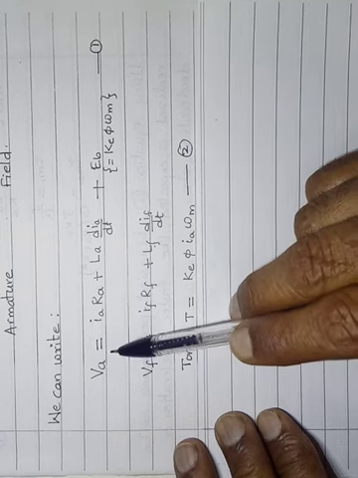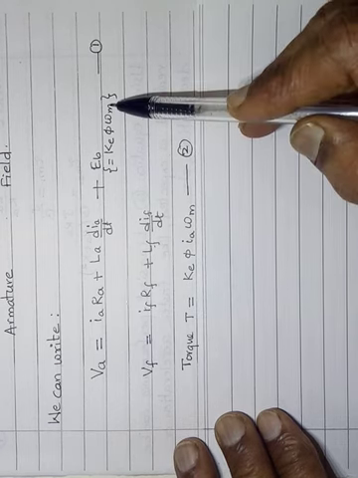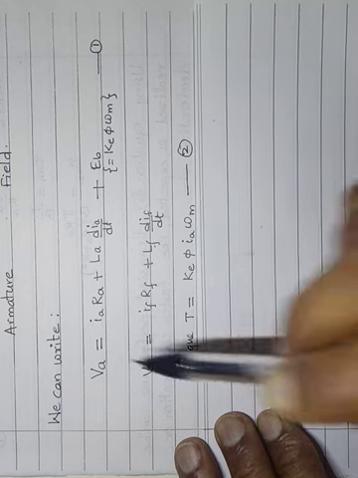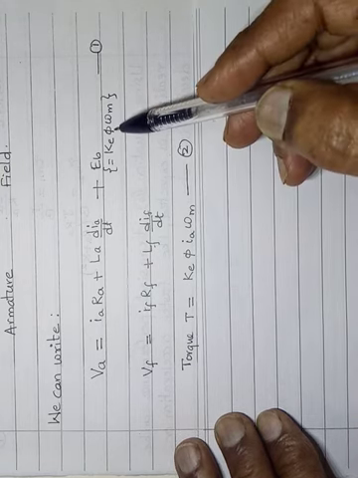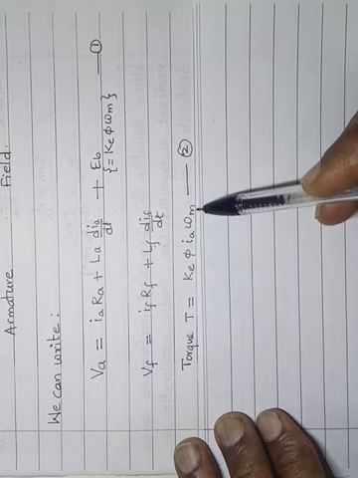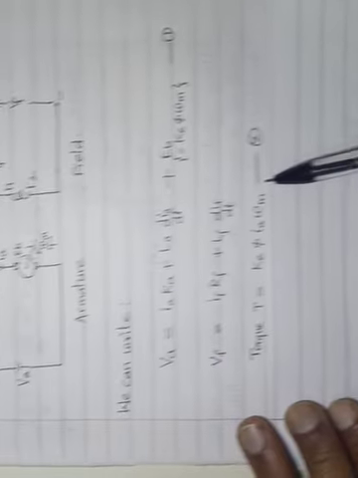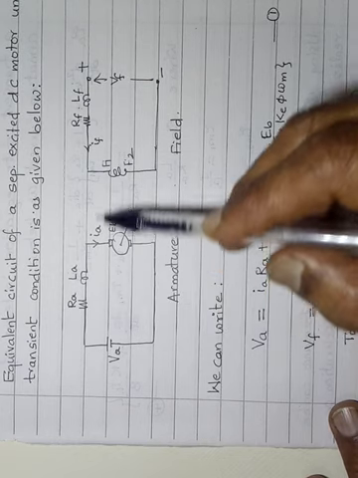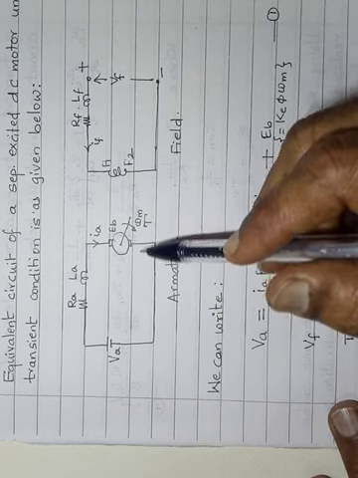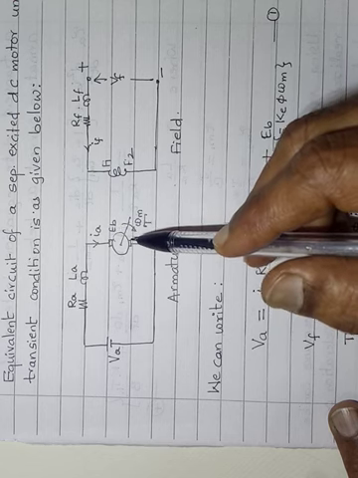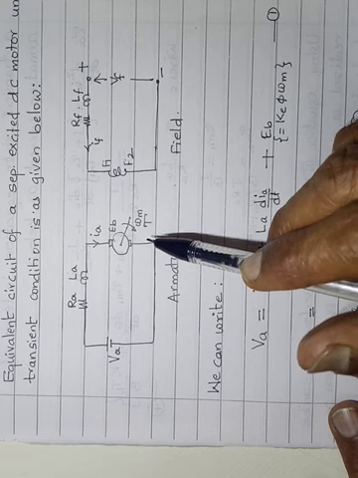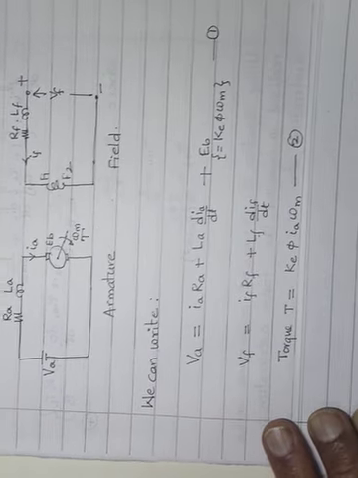We have voltage equation for the armature. We have torque equation. Voltage equation is electrical equation. Torque equation is mechanical equation. So the motor is an electromechanical device. It has electrical parameters as well as mechanical parameters. Please keep that in mind.